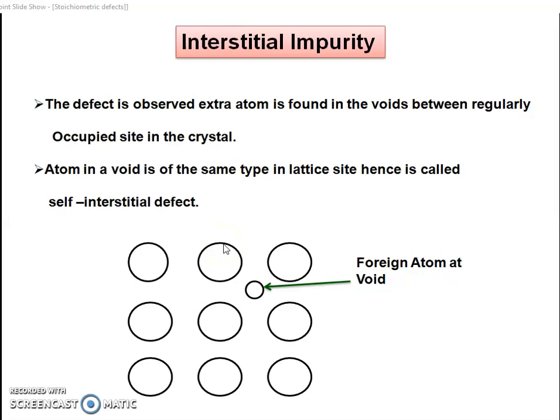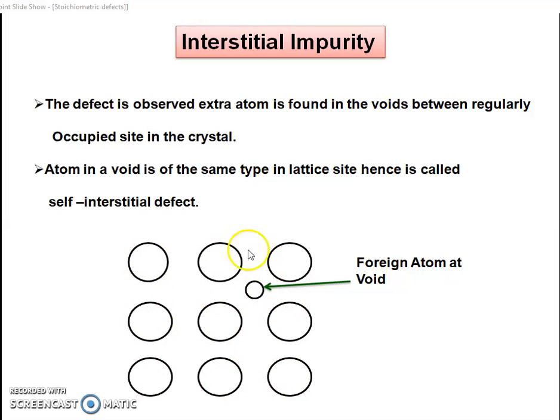The next type is the interstitial impurity, meaning that in a crystal lattice some foreign atom is present at a void. This defect is observed as an extra atom found in voids between the regularly occupied sites in the crystal, like this: 1, 2, 3, and this is 3 and this is 3.